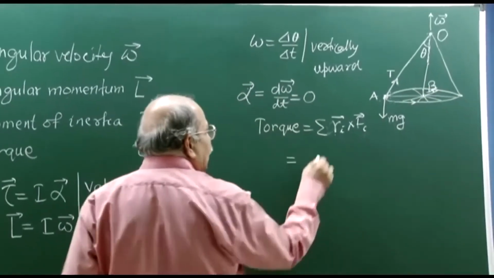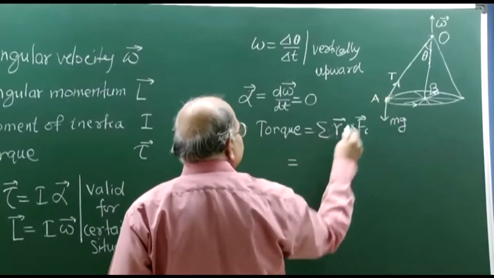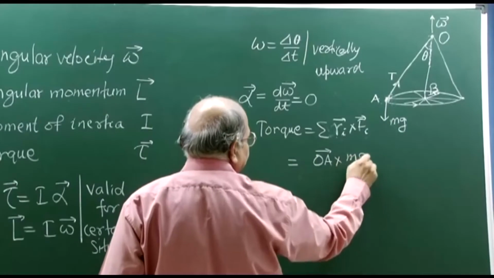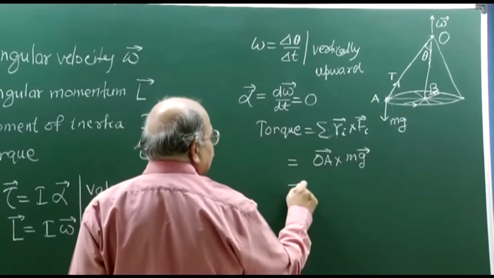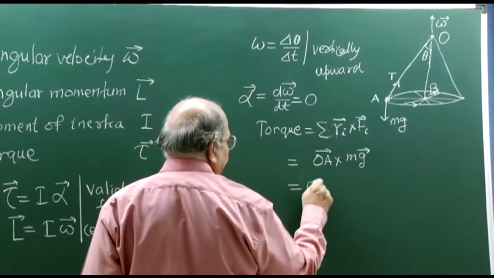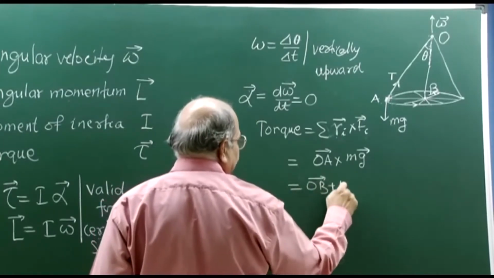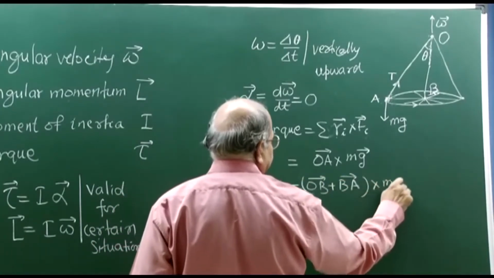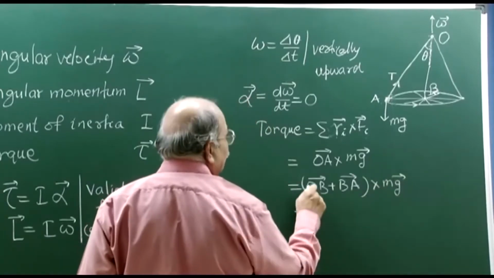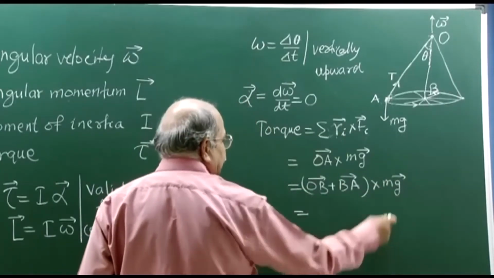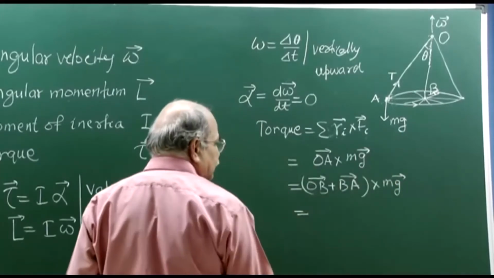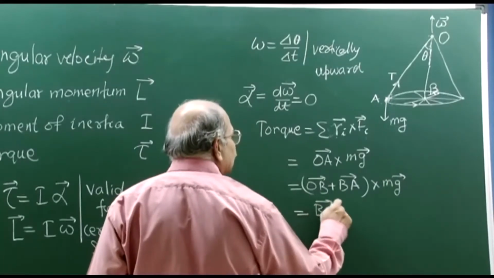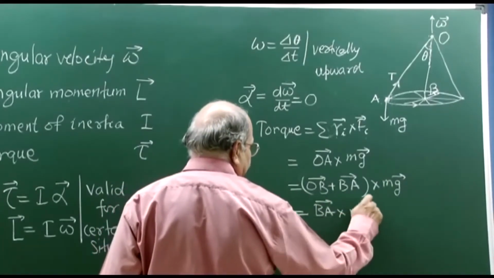So, Ri for this point is the OA vector cross the mg vector, and this OA you can write as OB plus BA, cross mg. Then OB is in the vertical direction, and mg is also in the vertical direction, so this cross product will be 0, and it will be BA cross the mg vector.